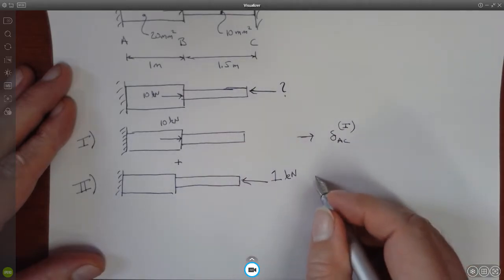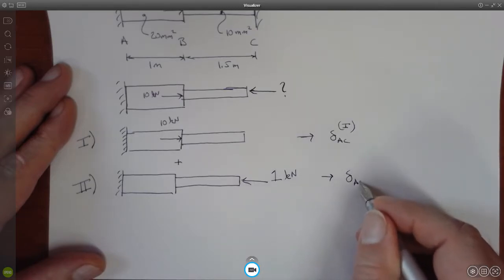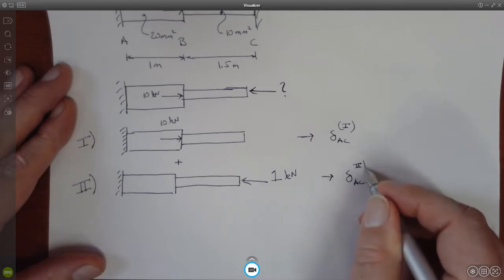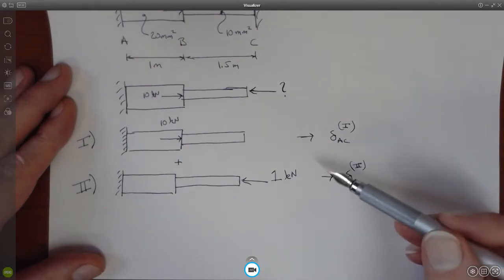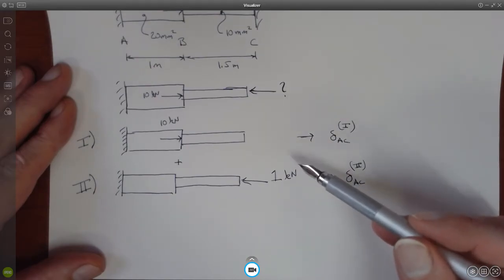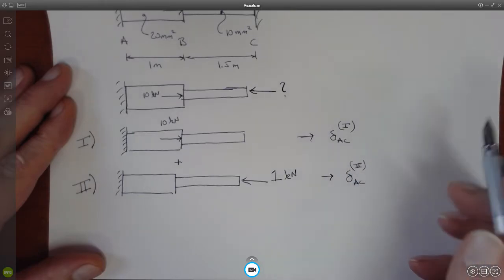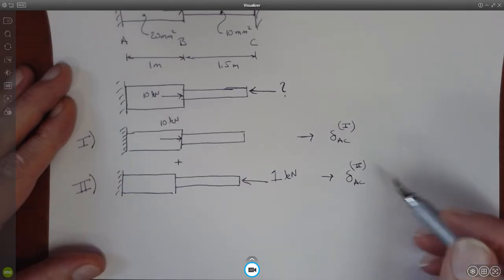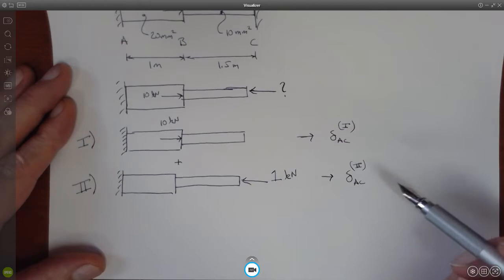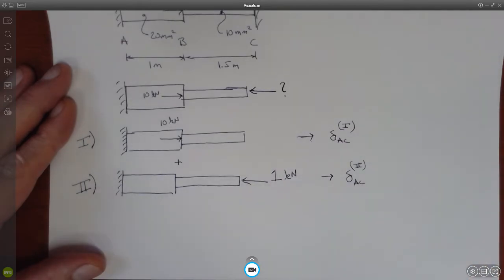From this, I'm going to get another elongation from A to C, but this is due to the second loading condition. Now, unless I get really lucky, this will not be the right value. But let's say this moves 10 millimeters out, and then this moves 5 millimeters back in. Well, you know that to get this to move 10 millimeters back in, we just need to double this. So that's why we picked the unity value of that, okay?